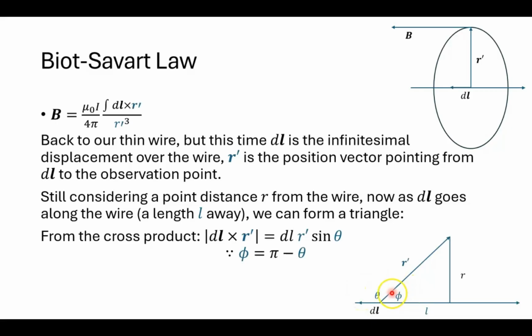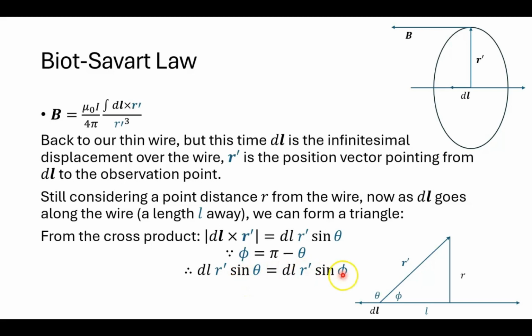And also we can notice that because this is a straight line, this phi inside the triangle is a supplementary angle of the theta. You just use pi or 180 degrees minus this theta and you will get this phi. And from a well-known trig identity, sine of pi minus theta is the same as the sine of theta.